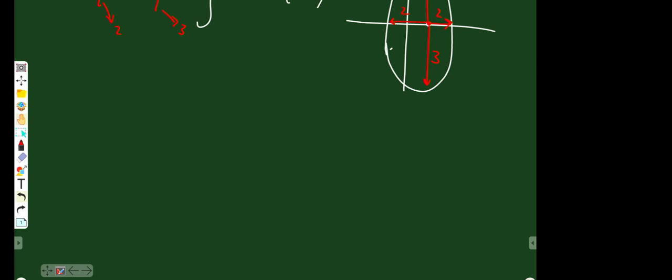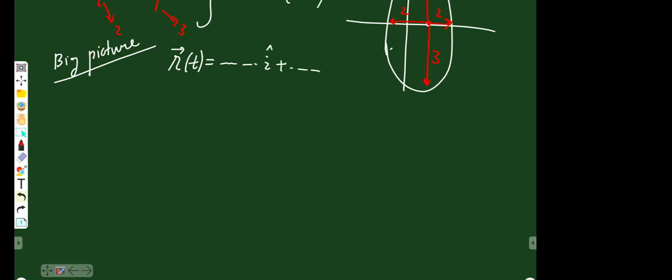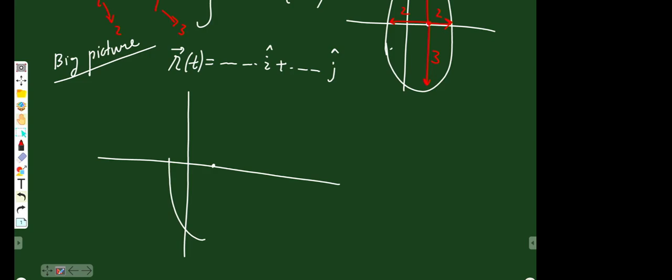Now, what is the big picture here? The big picture would be this. You have r(t) equal to a combination of i plus j. Now, when you plot that, it is an ellipse like that.